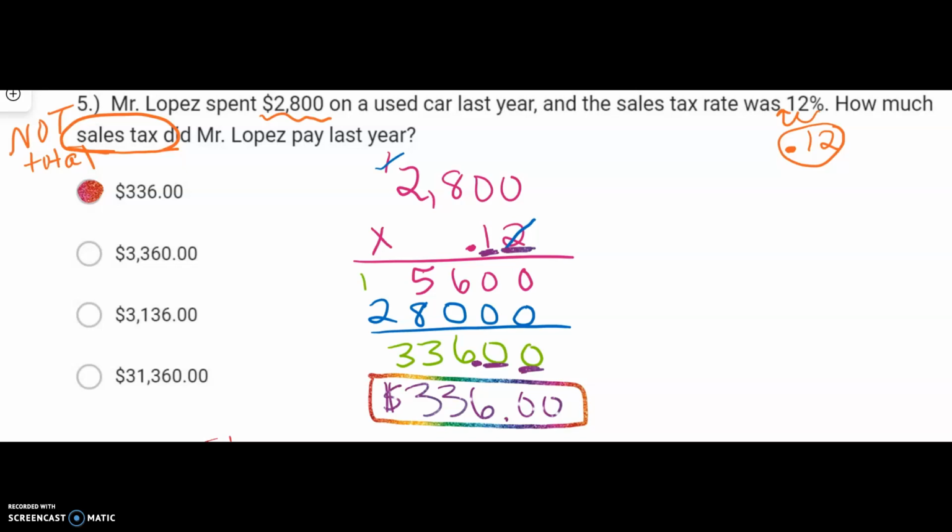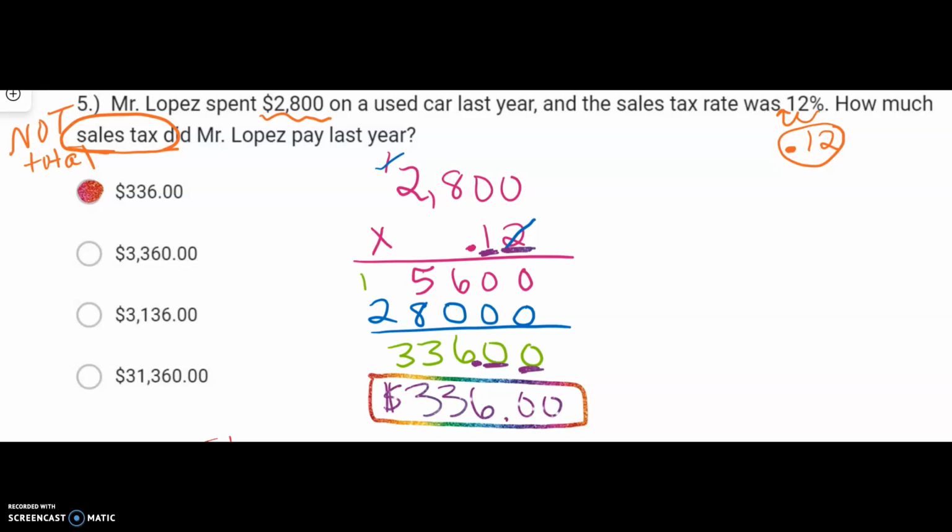So with this one, when looking at my numbers, I noticed 2,800. I didn't think of anything that would go into 100 easily there, which is what we talk about in class, trying to make it into a number that goes into 100 easily for our chart. But we showed you another way to do this also, just in case that didn't work. So what we'll do is change our percent to a decimal, which I did with the 12% in the problem.